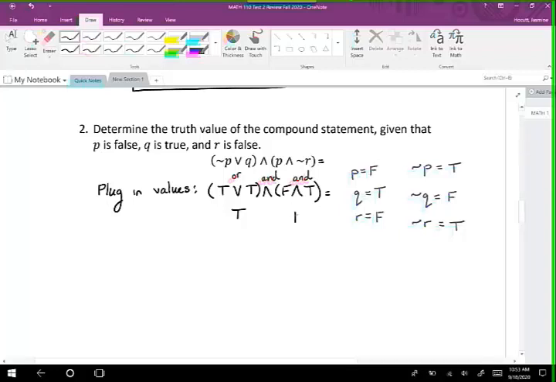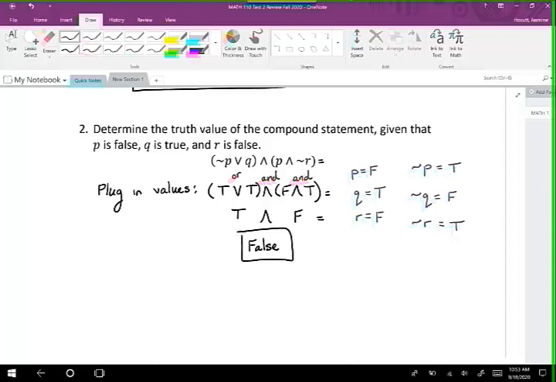And so one false statement makes the whole thing false. So I've broken it down to just true and false. And again, one false statement makes the whole statement false. So this would be a false statement. Okay.